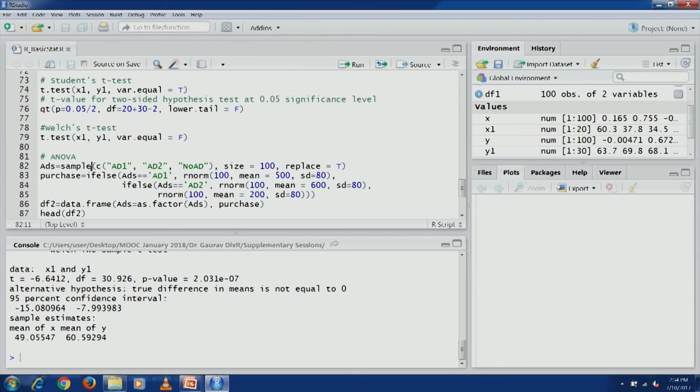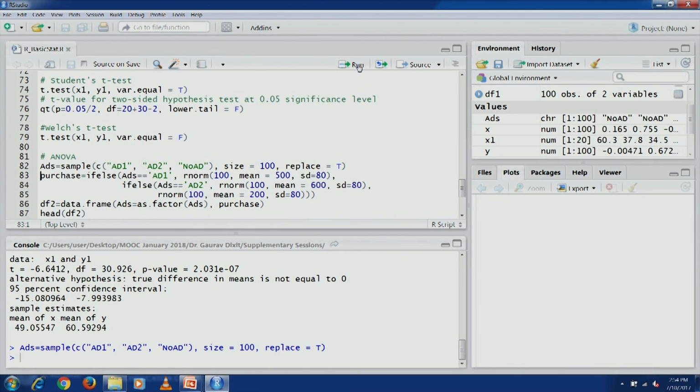Again we are using the rnorm function, you can see here. So let's execute first and create this variable ads. You will see a character vector of ads has been created, and the sample size is 100.